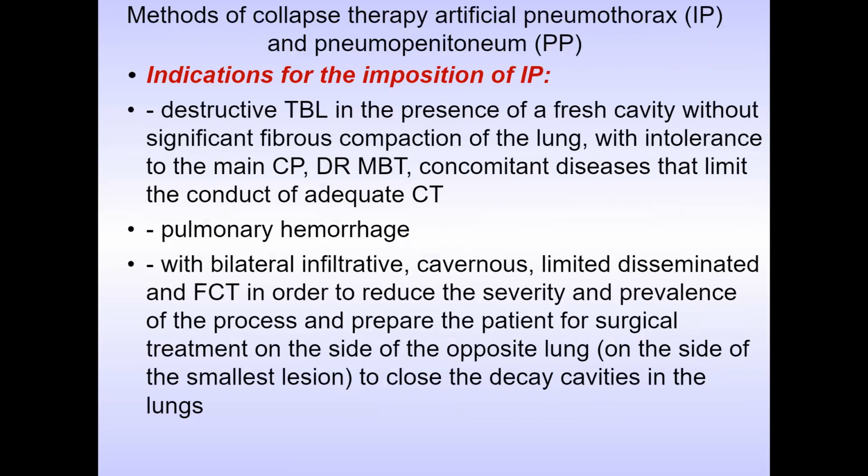Indication for the imposition of artificial pneumothorax: destructive TB in the presence of a fresh cavity without significant fibrous changes of the lungs, and so on. You can see this picture.